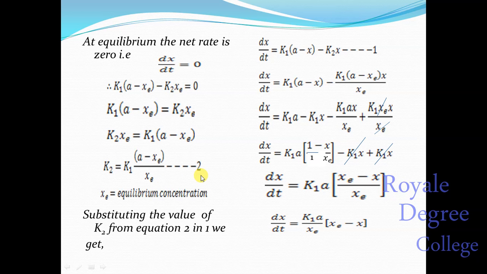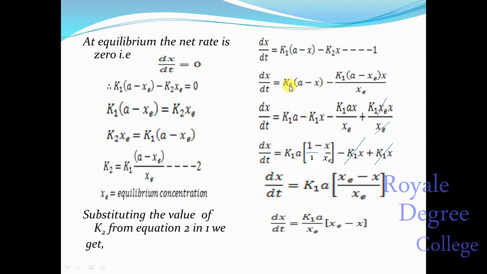So substituting the value of K2 from equation 2 in equation 1, we get: this is our equation number 1, dx by dt is equal to K1 (a minus x) minus K2 x. In place of K2, we are substituting the value of K2 from equation 2. x as it is we are writing.